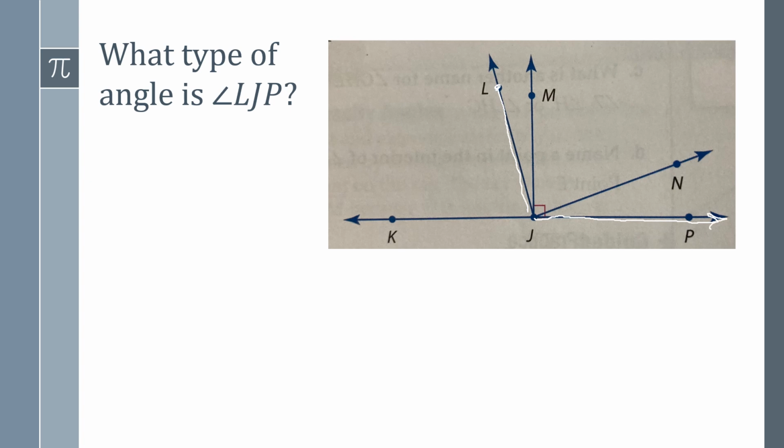So this angle measurement right here. Well, if this is 90 degrees right here, and I've got this little section over here, this angle is definitely more than 90, so this would be an obtuse angle.